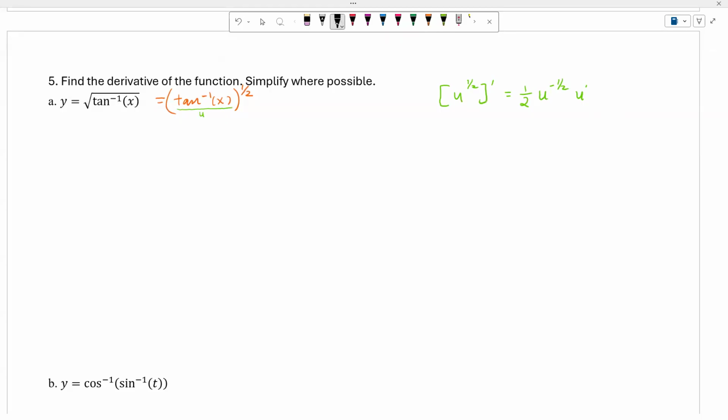Then I will have y prime is equal to 1/2 tangent inverse of x raised to the power of -1/2, and then we take the derivative of the tangent inverse of x.